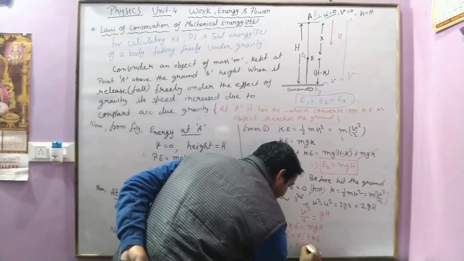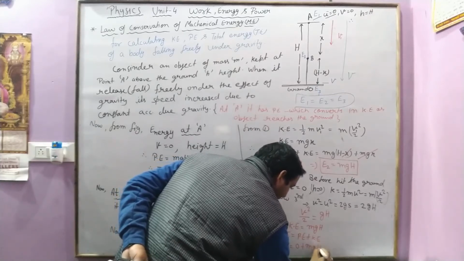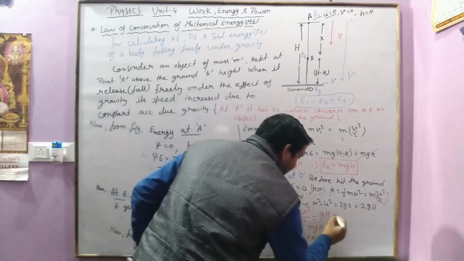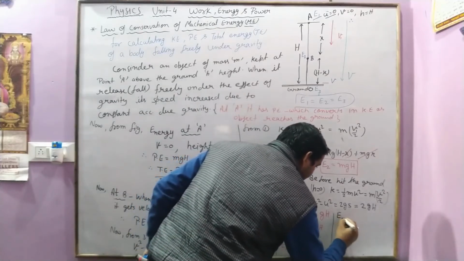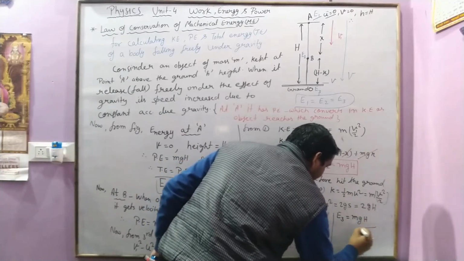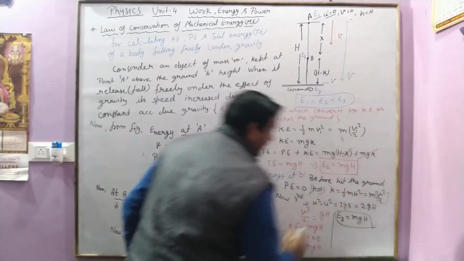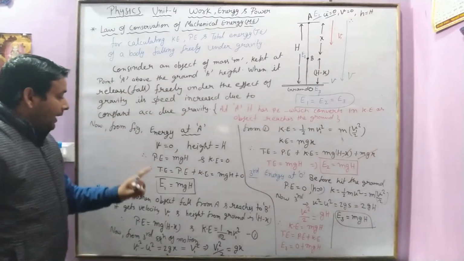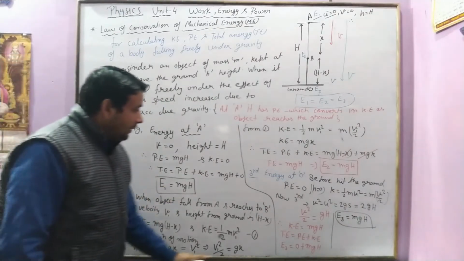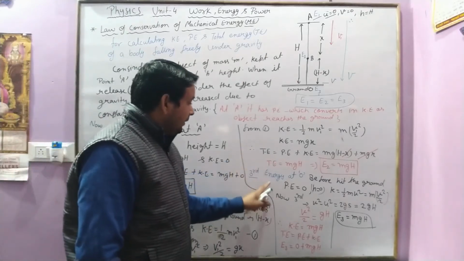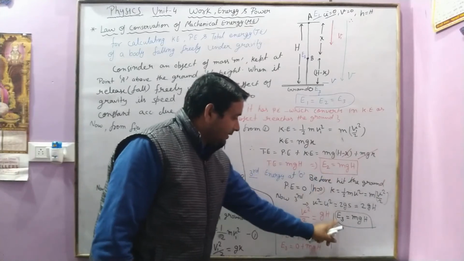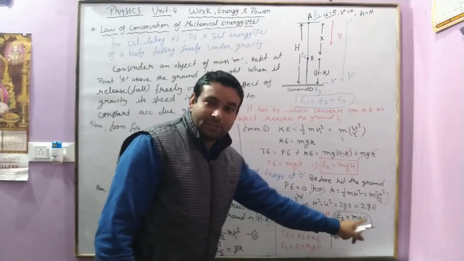Now total energy is potential energy plus kinetic energy, which is equal to energy at the third location, E3, 0 plus mgh. Here we calculate that E3 is equal to mgh. Hence energy at A, E1, is equal to mgh, energy at B, E2, is equal to mgh, and energy at O is mgh.